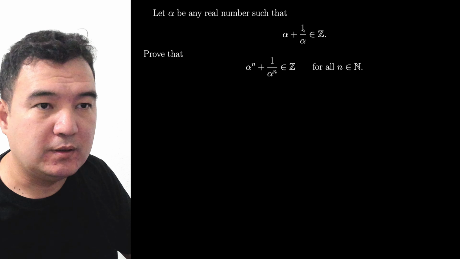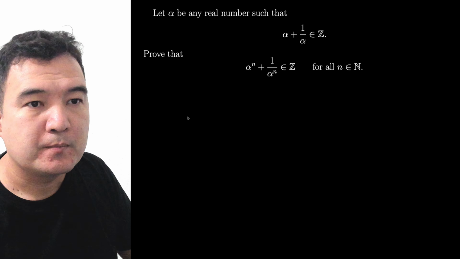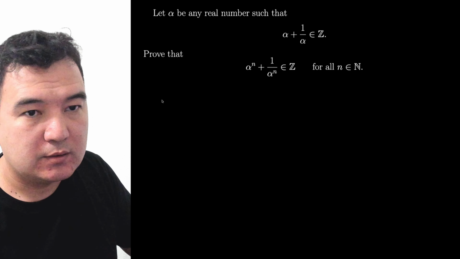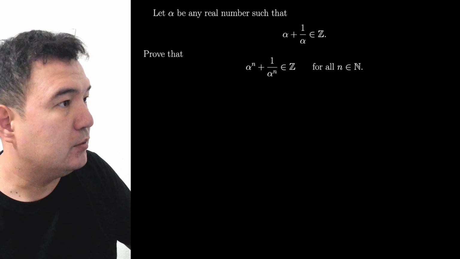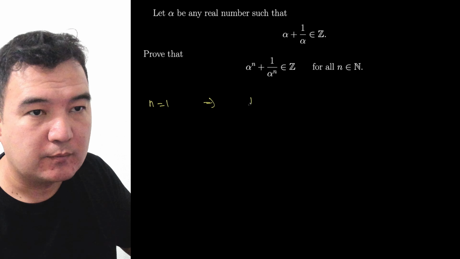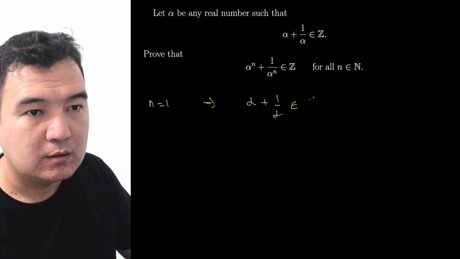So if this is true, it's given already that it's true, so we can do the step. If you assume the base of the induction, when n is 1, it's already given that alpha plus 1 over alpha is an integer.